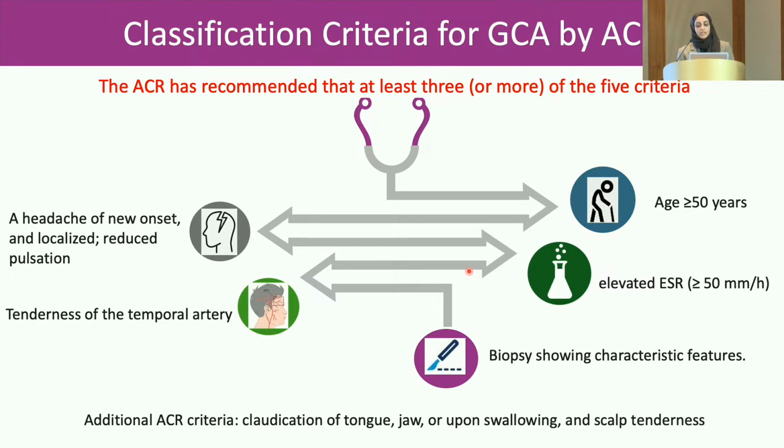Although typically you will feel pulsation and throbbing, it may decrease to a point you will not feel anything. So as the disease progresses, we will have more granulation tissue, more narrowing of the lumen of the artery, and eventually we will have complete blockage and loss of pulsation. Another criteria is, of course, biopsy showing the previous characteristics.